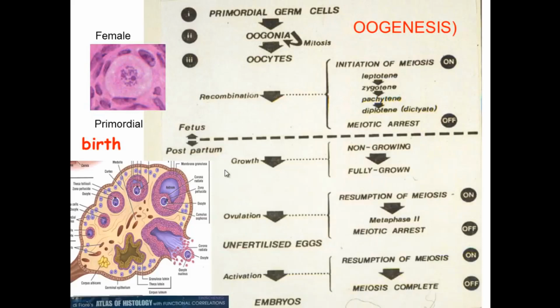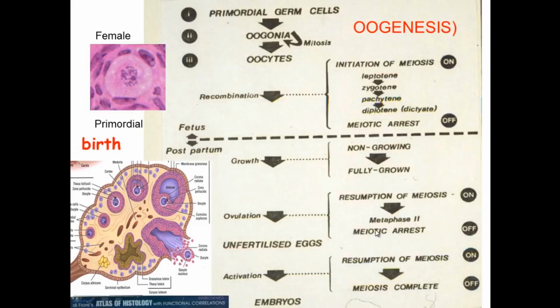But after birth, it's turned on again if that follicular growth calls upon that particular oocyte. If that particular oocyte is called upon with the follicular development, and who knows how that's done, then it will turn back on meiosis. But then it stops again.